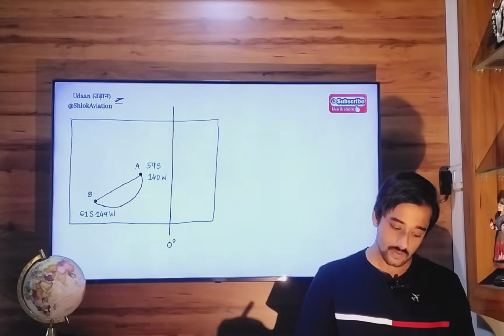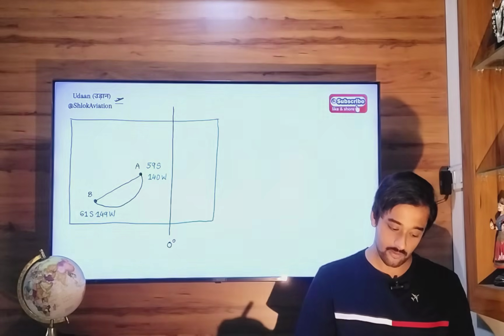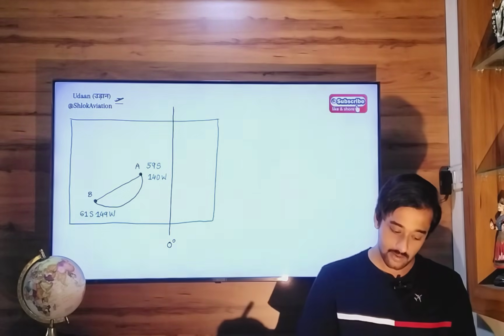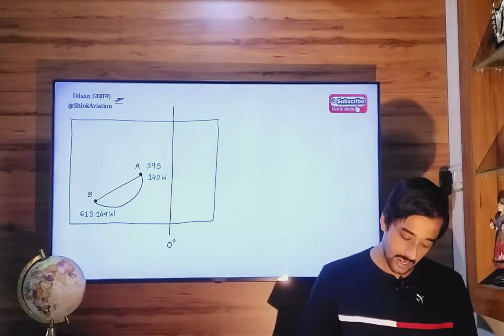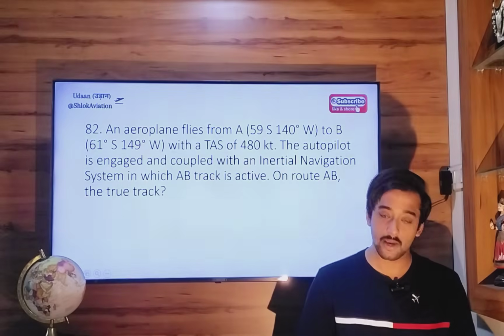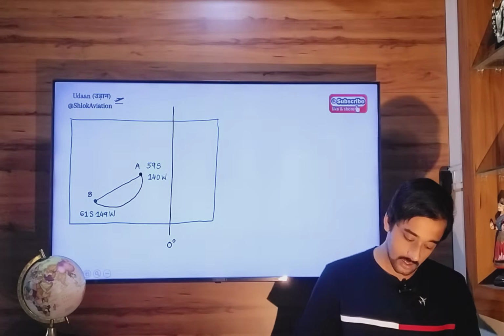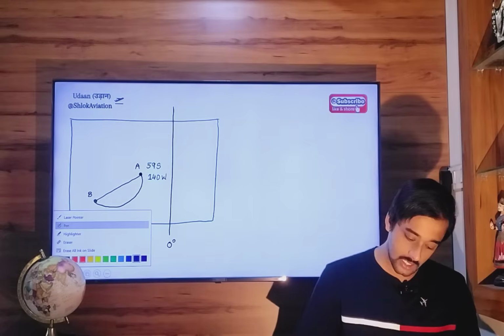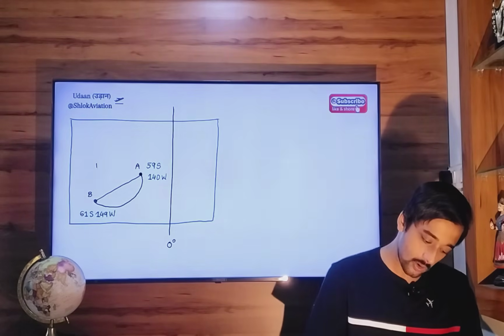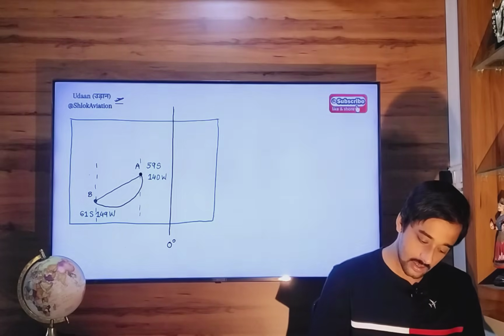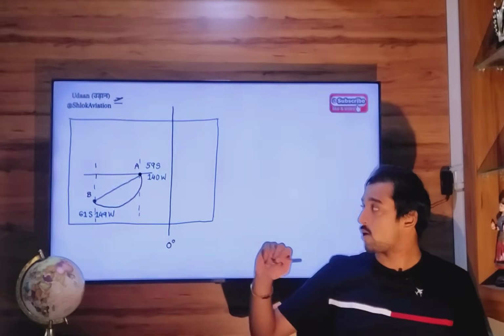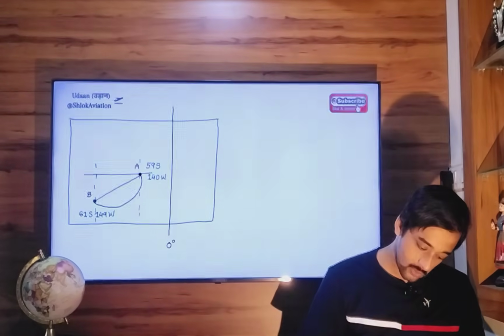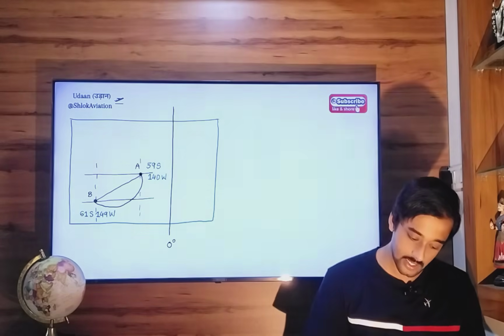Now we have to find the great circle track from A to B. In order to find it, we will have to follow a particular method. It's a little bit long, so I'll show you. What you do is draw this meridian like this passing through Bravo and Alpha. Then join this. Now this latitude will be 59 degrees south latitude, and this latitude is 61 south latitude, correct?